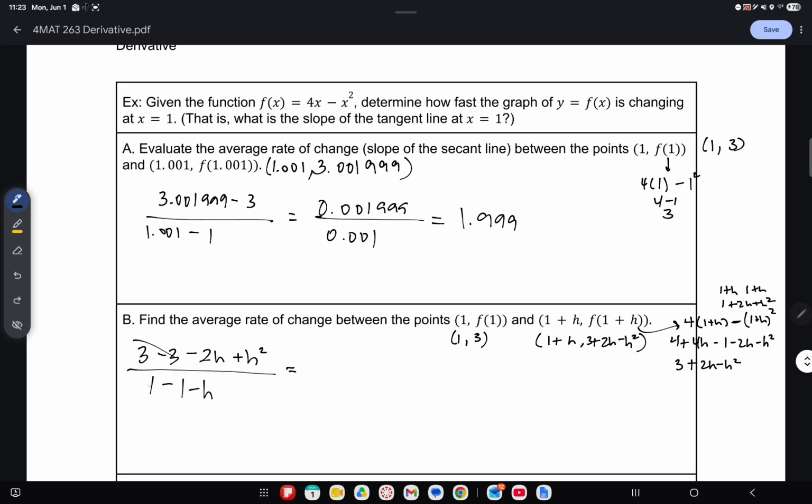So 3 minus 3 will cancel, 1 minus 1 will cancel. So I'm left with negative 2h plus h squared all over negative h. I think I can divide each of those terms by negative h to be left with... I don't know why I said h, that should have been 2, sorry, 2 minus h.